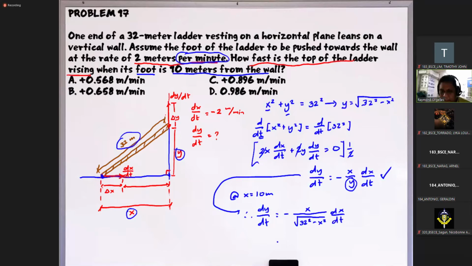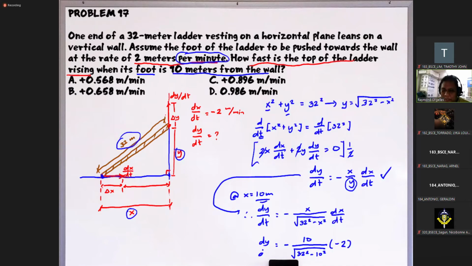Okay, so substitute natin yung mga alam nating value. Ano yung x natin? So x is 10 meters. So it's 10. Then this is divided by square root of 32 squared minus 10 squared. Yung dx/dt natin is negative 2 meters per minute. Diba?